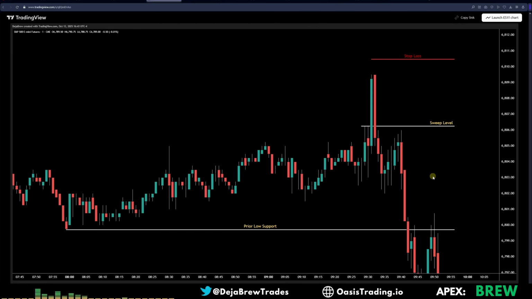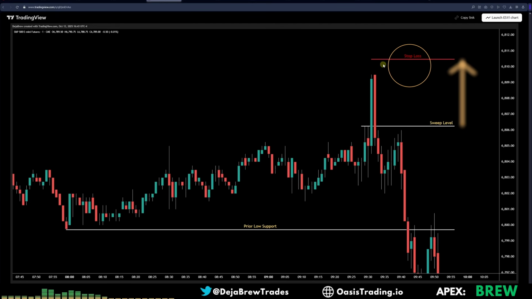Are we putting in those lower highs? And we also want to identify where our stop loss would be. Typically in this trade, your stop loss is above wherever that sweep started to flip its structure, started to flip its buy or sell pressure, right? So once that buy pressure came to an end and we started to flip back to sell pressure, the high of that candle, we want our stop loss to be above it.